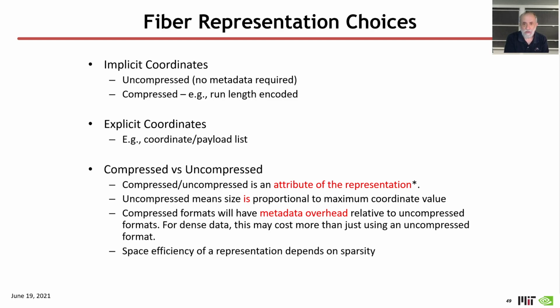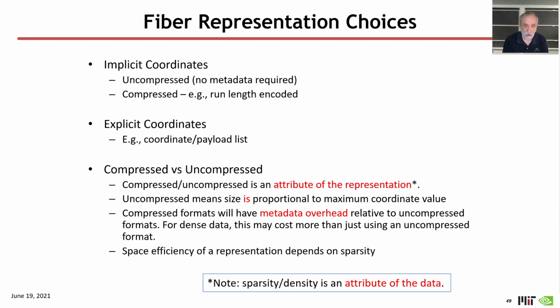On the other hand, compressed formats will have metadata overhead relative to uncompressed formats. However, for dense data, this may cost more than just using an uncompressed representation. Therefore, what you'll see is that the space efficiency of a representation is going to depend on sparsity.